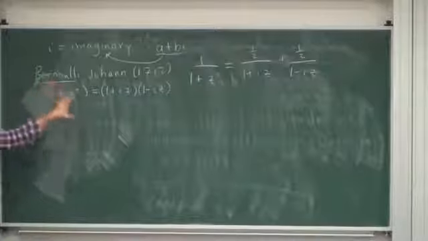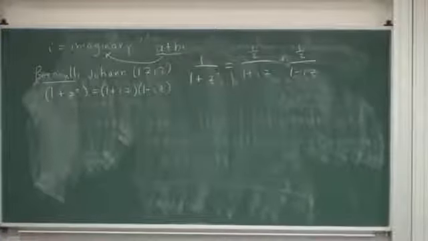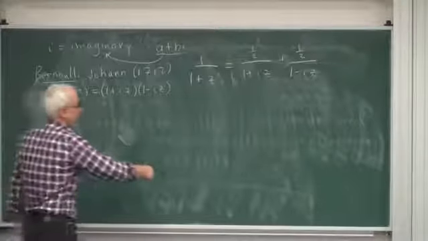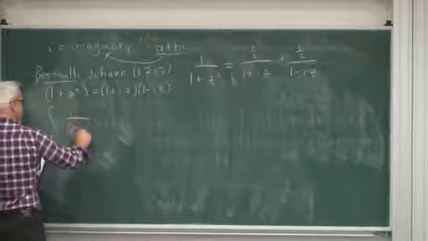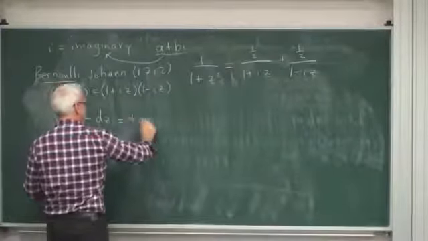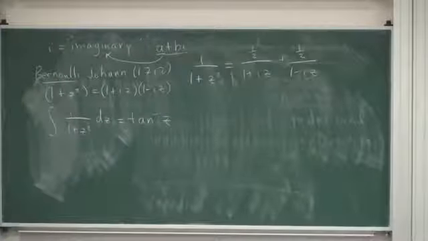Now during this period, most applications involved calculus one way or the other. People were interested in developing the calculus and solving calculus type problems. So Bernoulli was interested in this because if we integrate 1 over 1 plus z squared dz, that's arctan of z, as Bernoulli realized.